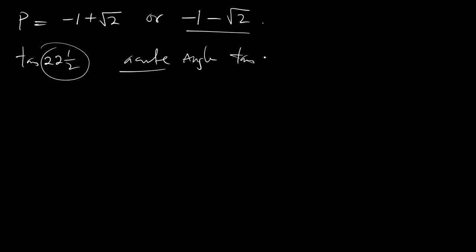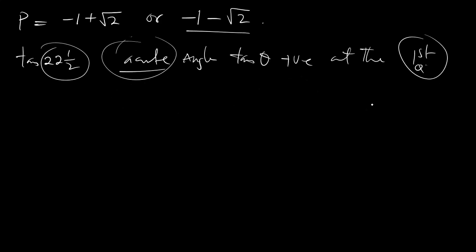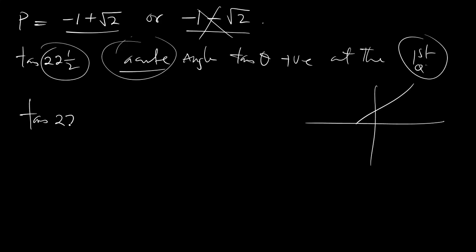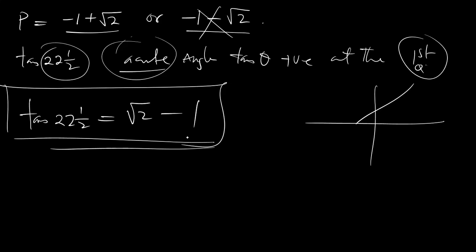Tan is positive in the first quadrant, and the acute angle is in the first quadrant. So this one is not part of the solution. So the solution is this. That means tan 22.5 is equal to the square root of 2 minus 1. So this is the final answer. This is the right answer.